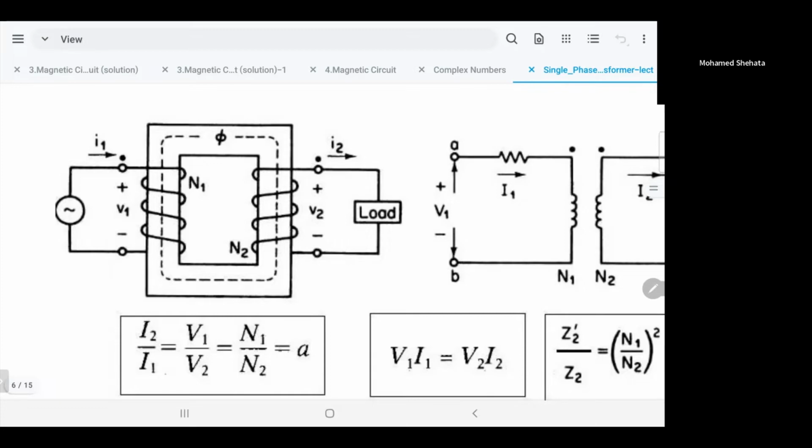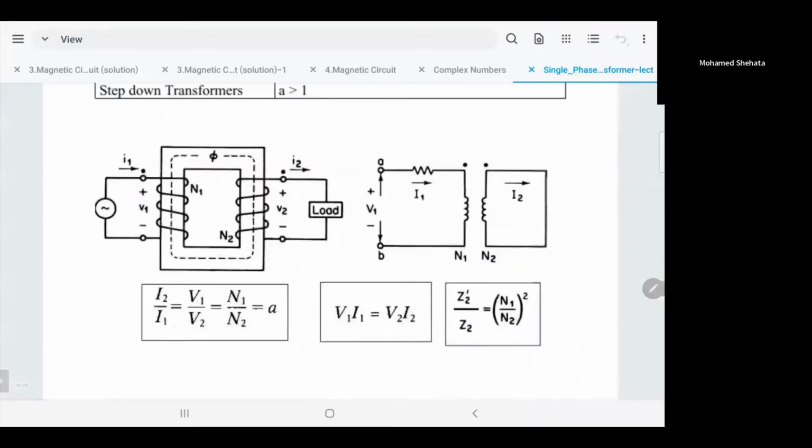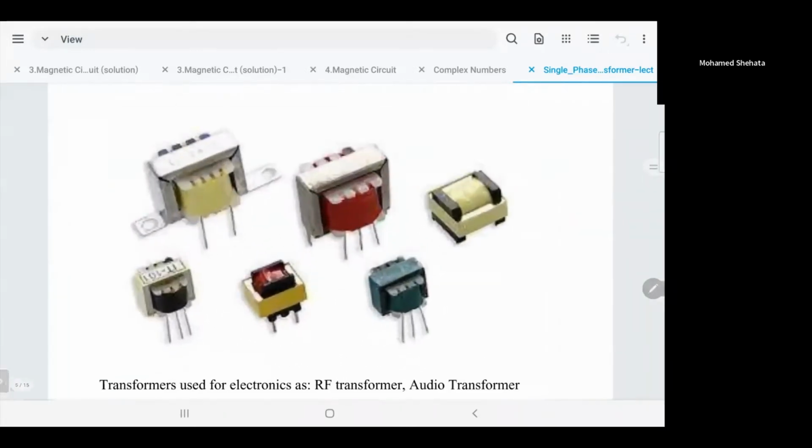That's why sometimes when I was working with electronics, I love electronics, I use small transistors, not three-phase, not single-phase, in electronic circuits.